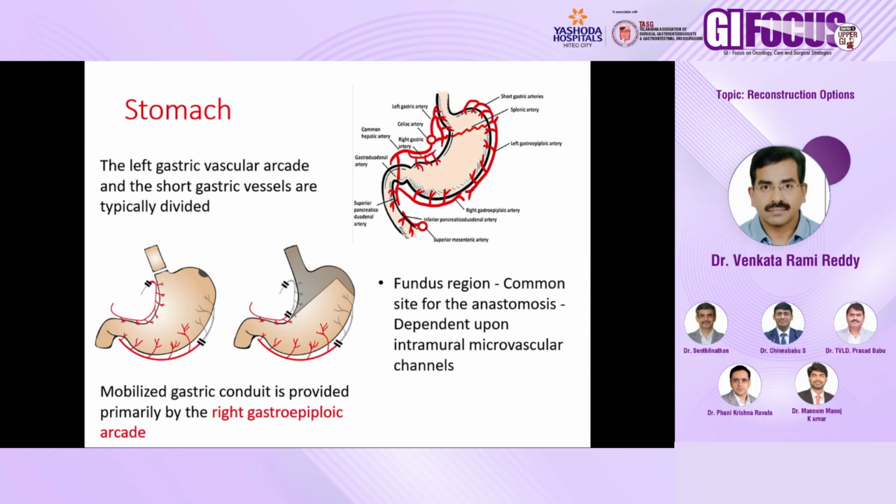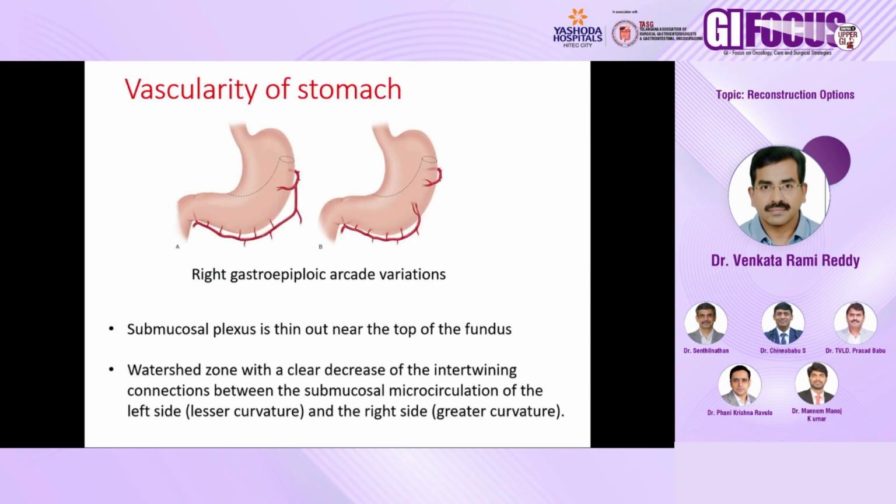This area depends on the intramural vascular channels. You can have some variations in the gastroepiploic arcade also, and sometimes you may not have a complete joining of the right and left. There you have to be careful in preserving the omentum in those areas. And you also have a watershed zone between the greater and lesser curvature.